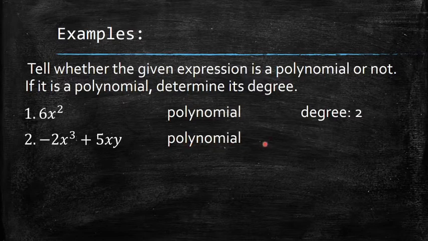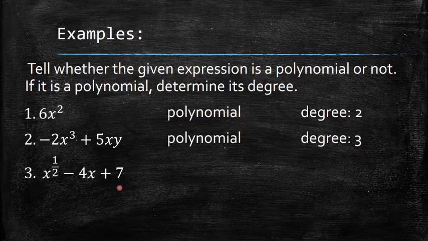The degree of this polynomial is 3 because in our first term, the exponent of the variable is 3, and in our second term, the exponents of the variables are 1 and 1, so when we add them it is only equal to 2. The highest is 3. Therefore, the degree of negative 2x cubed plus 5xy is 3.